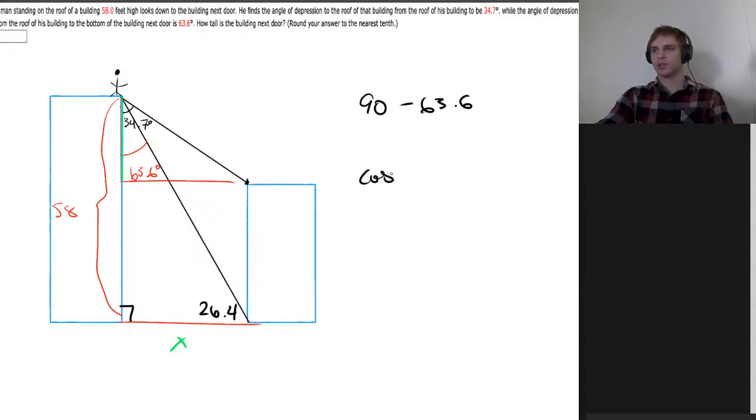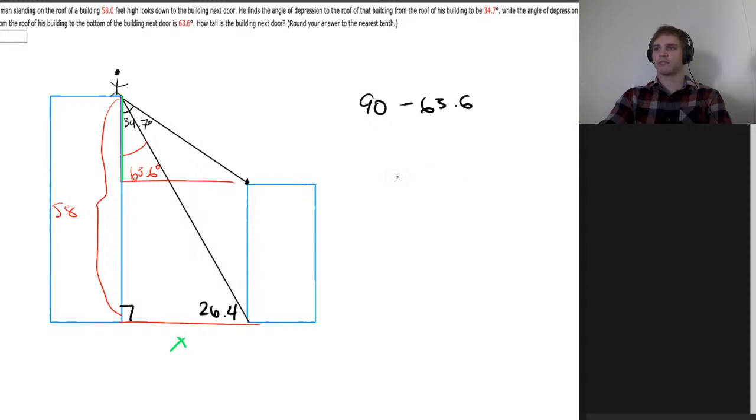Which means, okay, let's do the cosine of 63.6 degrees. Adjacent over the, yeah, we do need the adjacent relationship here.